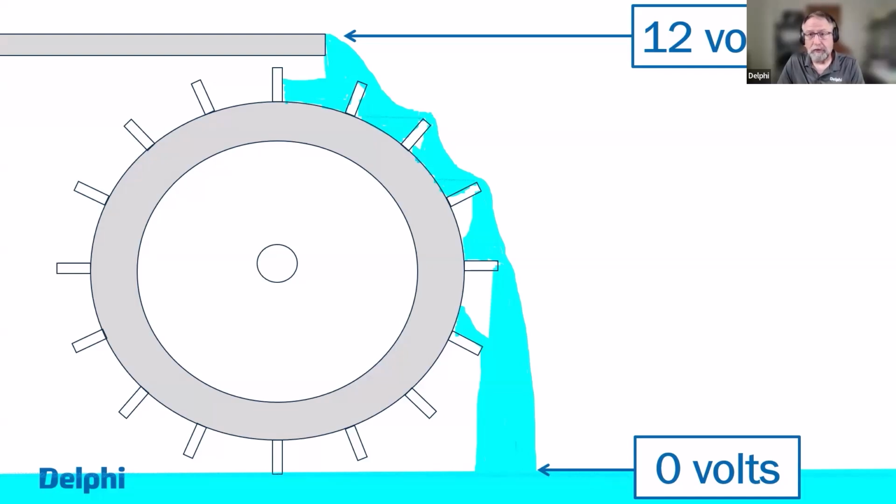Visualize this in terms of the 12 volts representing the battery positive post, and the 0 volts as being the battery negative post. And as the electrical current is making its way through the circuits, or the electrical system, it is going from a high potential energy at 12 volts, and as it works its way through, that potential energy is being converted into usable power.